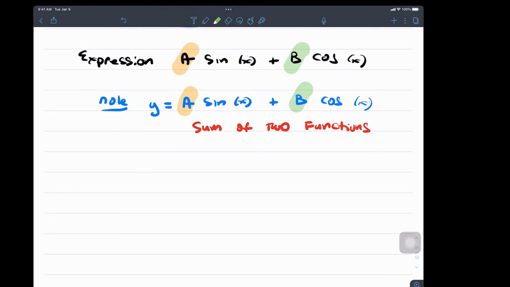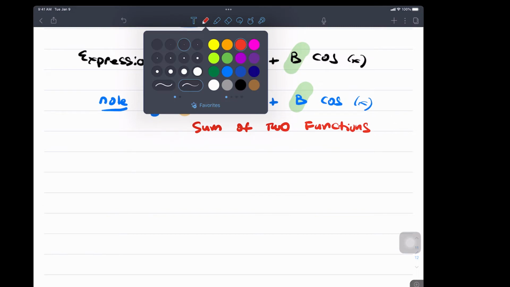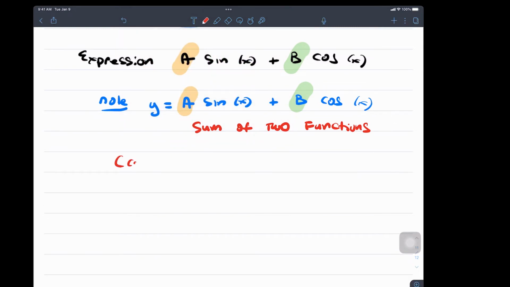You say, what are the two functions? Well, it's A sine x and then B cosine x. There are a lot of physical applications that you study in science that are really the sum of two functions. And the idea is this: you're going to convert it via the sum and difference formulas.